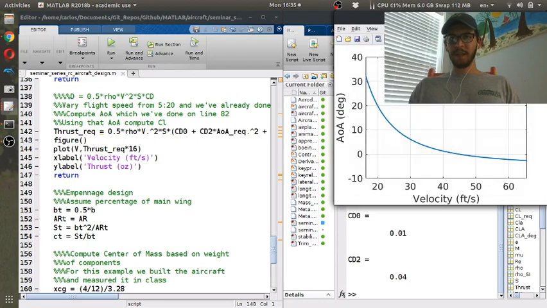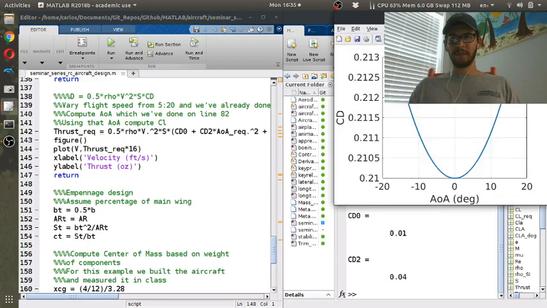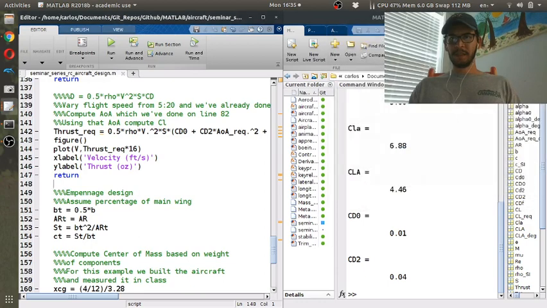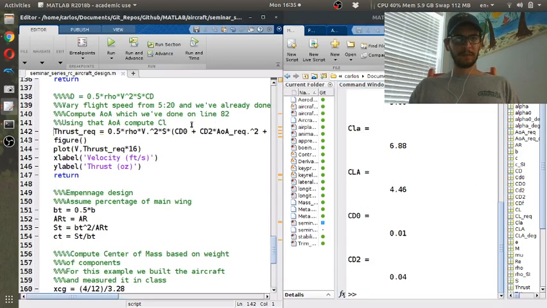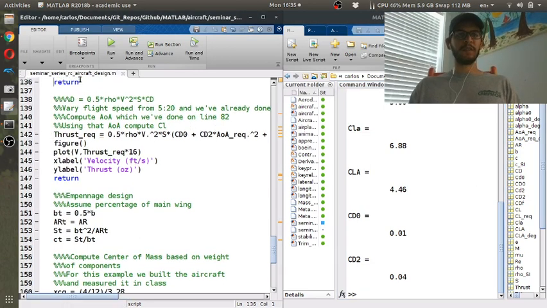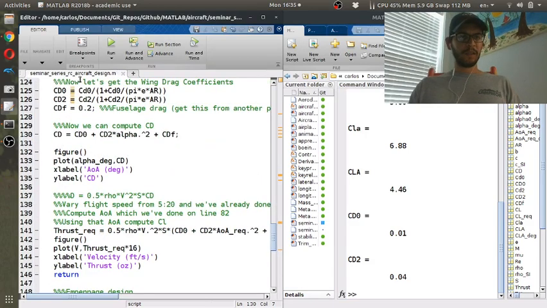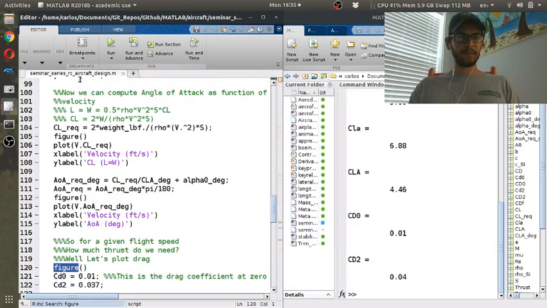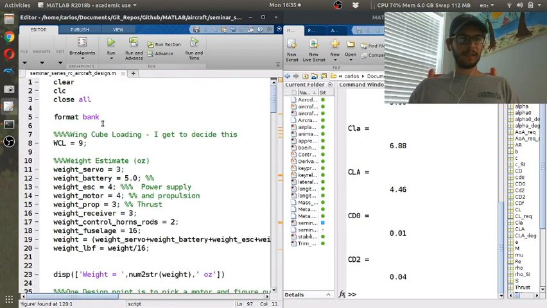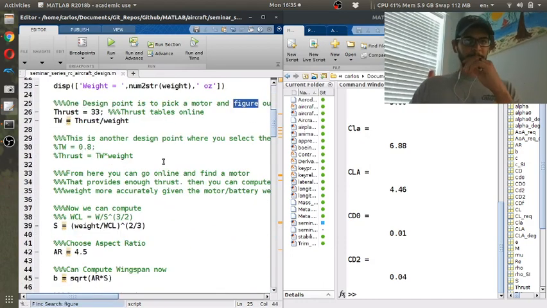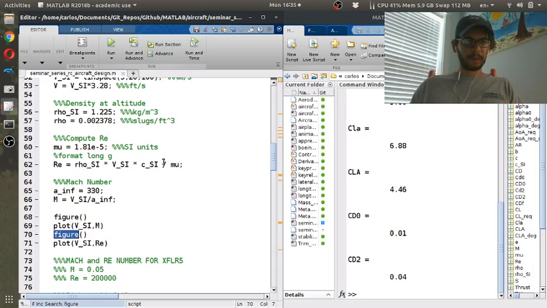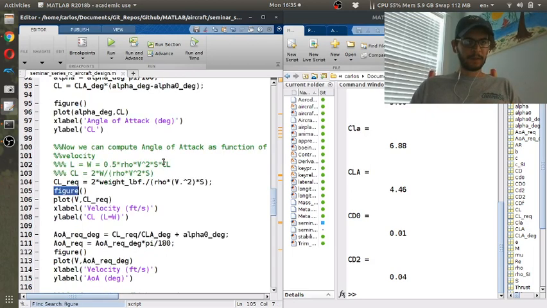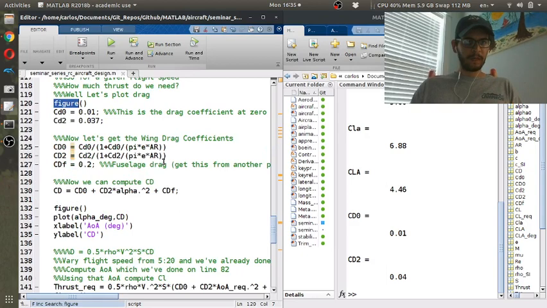So there's AOA as a function of velocity. I don't know what figure 6 is. CD. Why doesn't it plot? Oh, there are 2 returns. There is a figure in here somewhere that is not actually being used to plot. There it is.